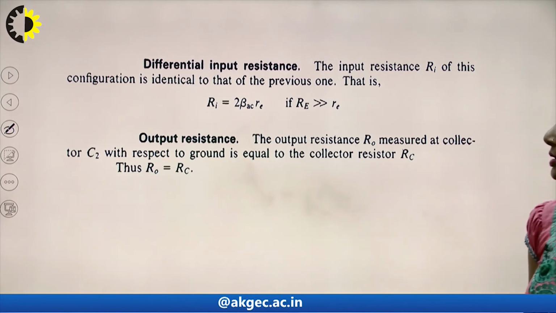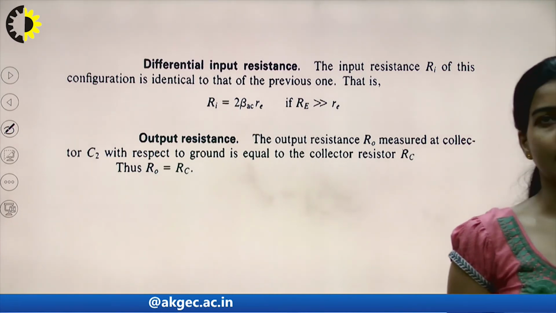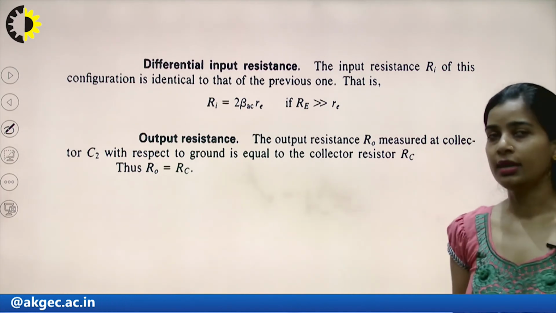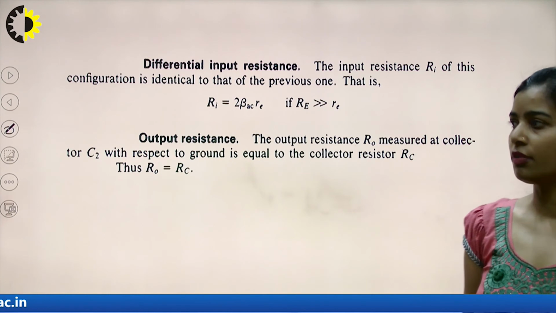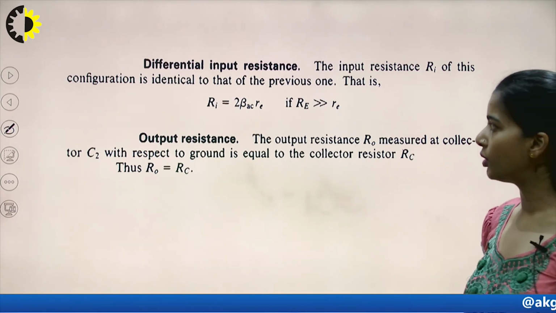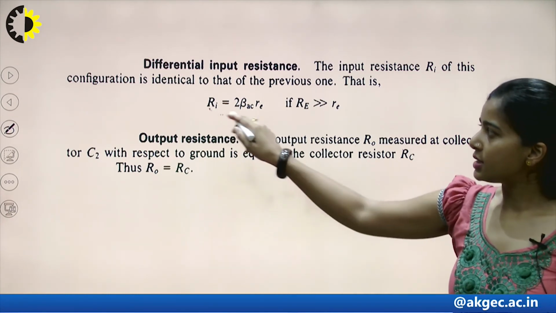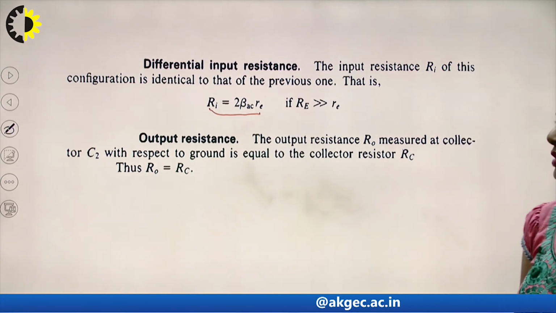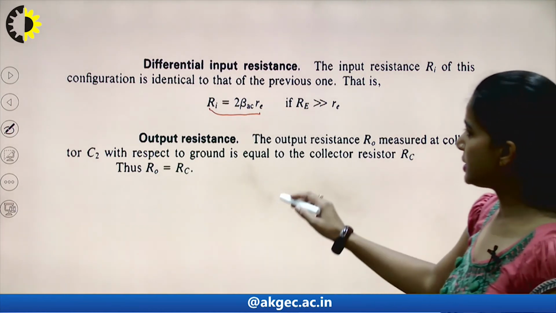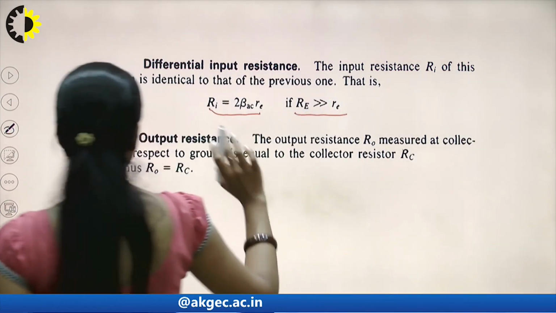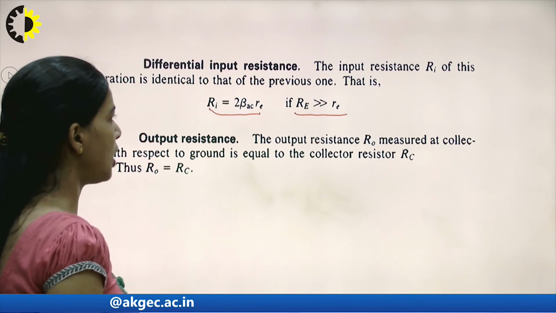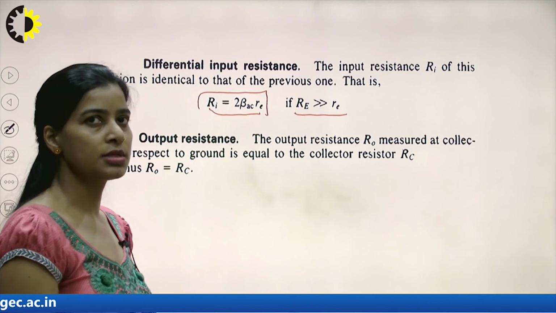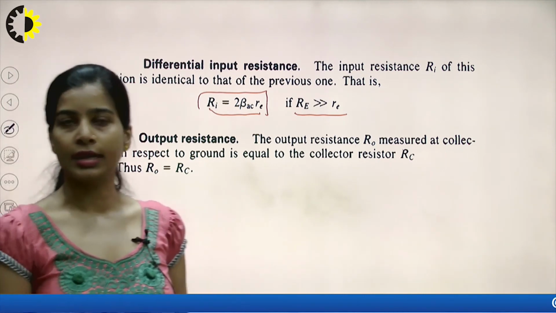Differential input resistance, again, is the input resistance that is seen from the input side. As it is a single input configuration, we have only one input, so the input resistance will be the same, its exact value will be the same as calculated with the previous configuration, and with the assumption that RE is greater than small re, we get this Ri as 2 times beta AC into re.